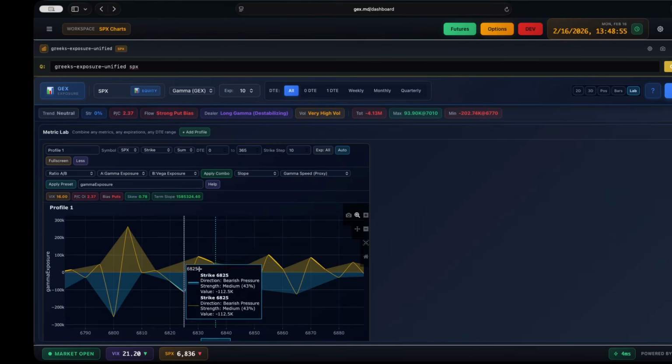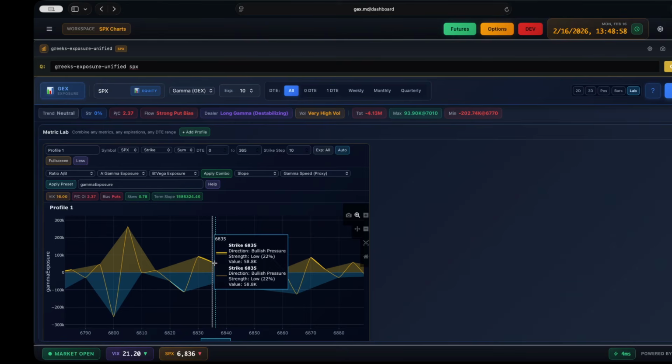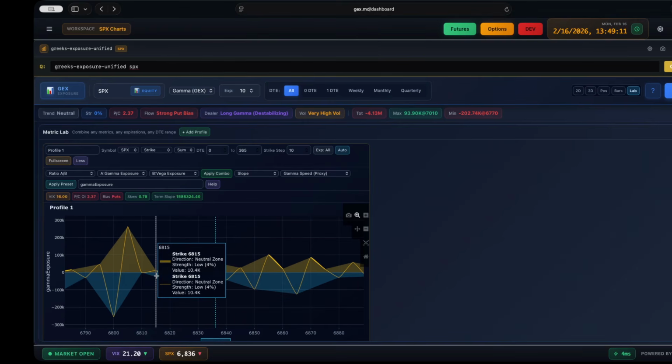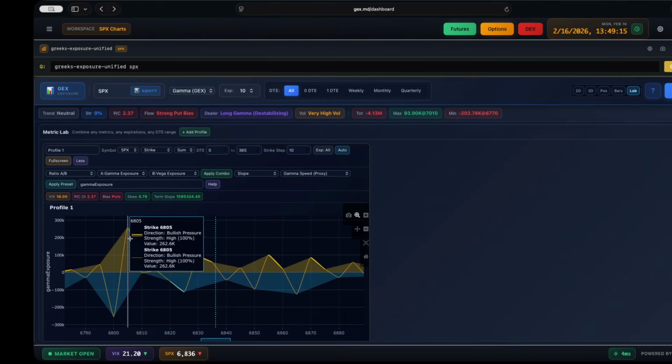So, for example, they go strike by strike. At 68.35, we have a bullish pressure of 22%. 68.30, we have 35%. 68.25, 43%. 68.15 is neutral. 68.05, we have 100% bullish pressure.